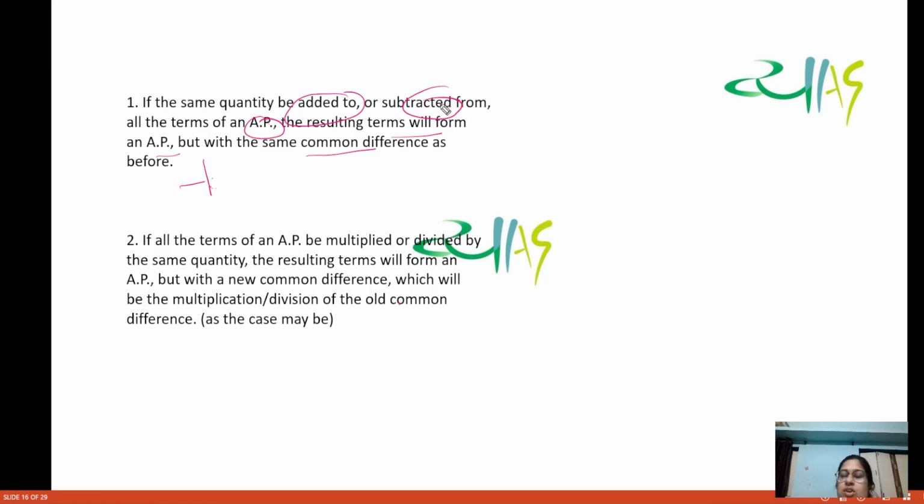ठीक है ना? तो what it is saying कि if you have like in AP you have like this 20, 24, 28 and so on. ठीक है? Common difference you are taking equal to 4. Now if the same quantity be added or subtracted from an AP, तो हमने ये सारे terms में से, like let us subtract 4 from each of these terms.